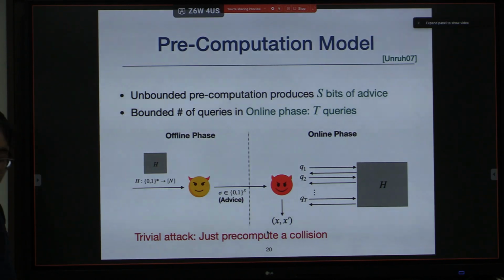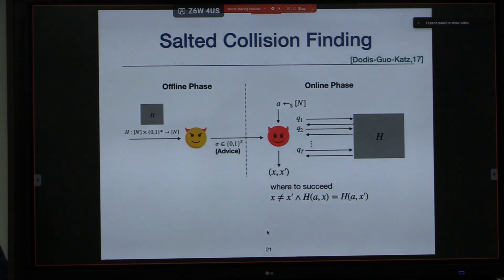Yes, that's why we need the ID. Initially I told you that ID can be a fixed value or depend on the system. But now we specifically want ID to be random. In the offline phase, the adversary can still see the entire function, but now it's not just a function, it is a family of functions.